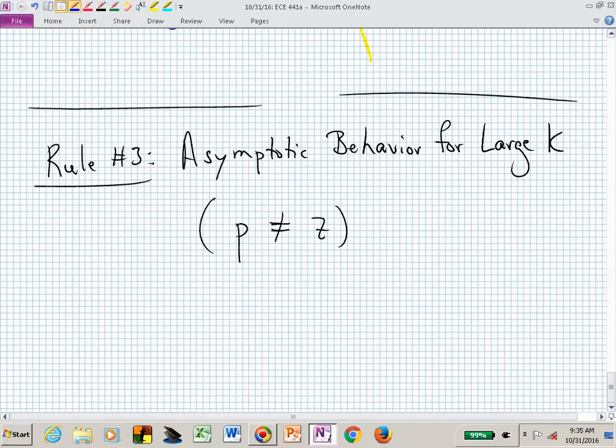I'm using P as my variable for the number of poles, and Z is my variable for the number of zeros. In my last example, I had P equal to 5, and Z, these are the finite zeros, I should say, 3 was my number of finite zeros.